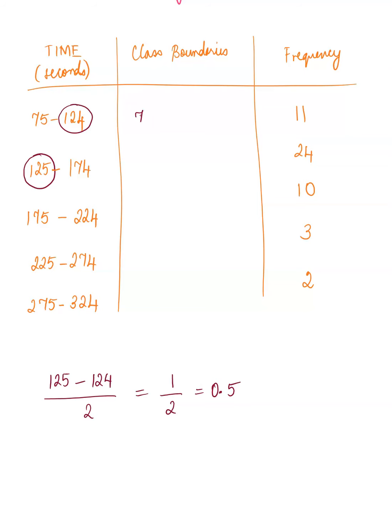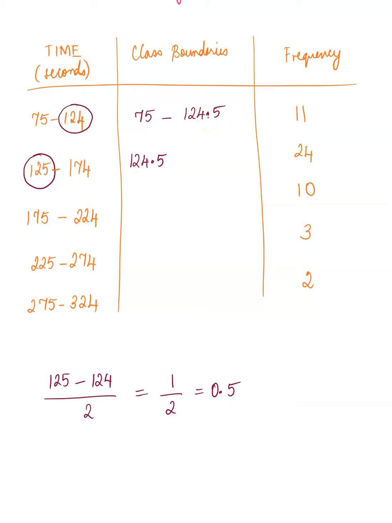124.5, and this will be 124.5 because I took away half a point from 125. That makes it 124.5, and I will throw that extra half to the 124 in the previous class.